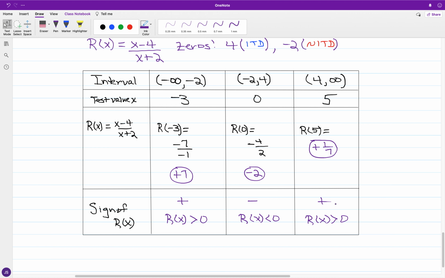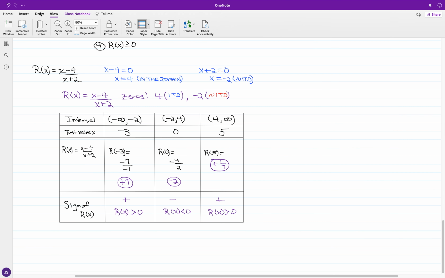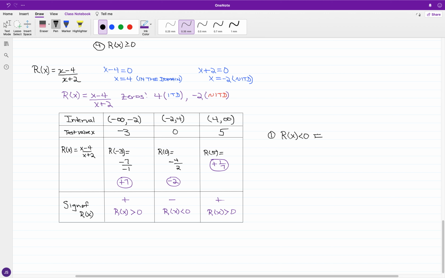So we have a rational expression, r of x, x minus 4 over x plus 2. Where r of x is less than 0, the solution will be those values x greater than -2 and less than 4.